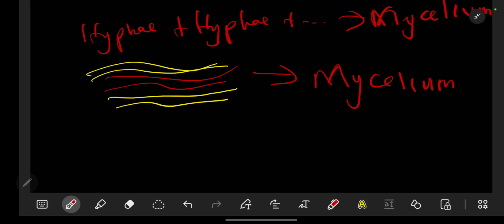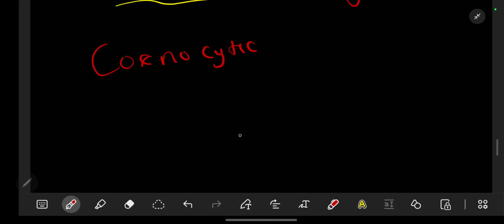Since they are unsegmented, you might have heard the term coenocytic. What does it mean? When we say coenocytic, we are saying that they have a lot of nuclei but lack a cross wall.